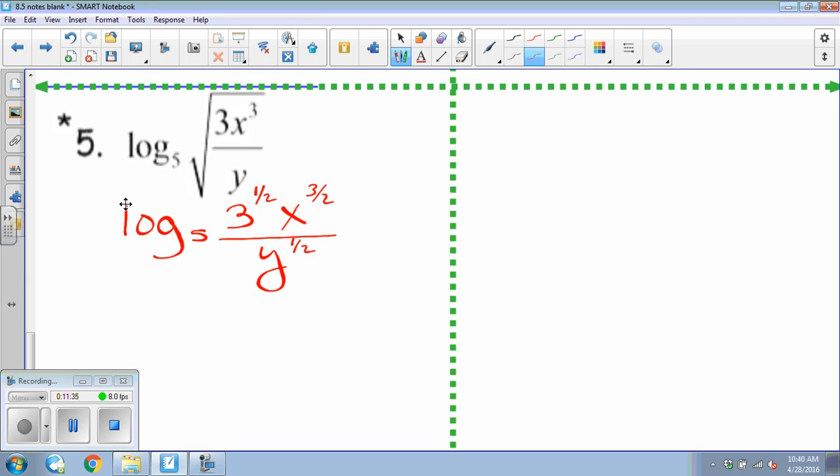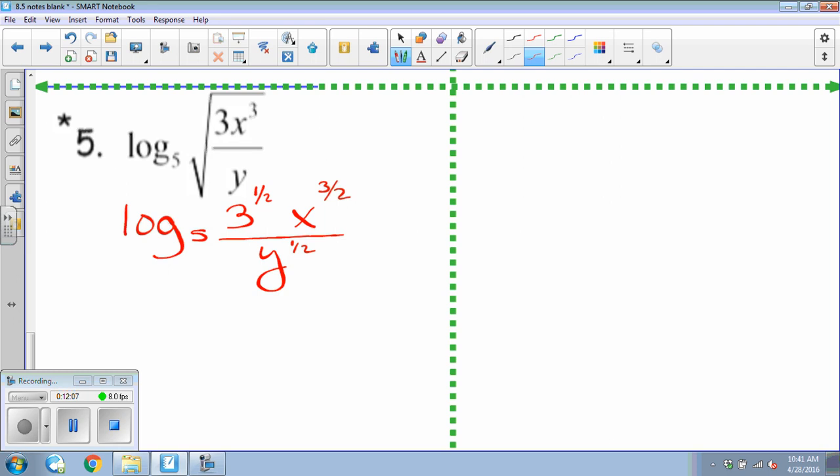Why is that confusing? Because it's x to the 3rd to the 1/2 power. Okay? So that's the same thing as x to the 3/2. You don't need to. I was just refreshing your memory.